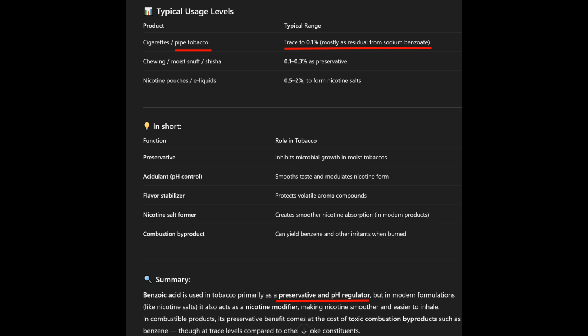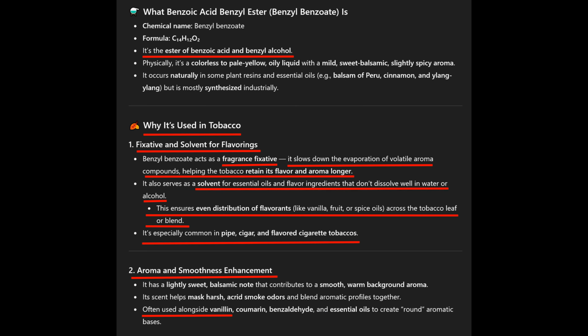If you want to see exactly the percentage of these additives, I recommend you go back to Mr. Janez's video that I will put in the description of this video, and there you will see the percentage of each additive added to the pipe tobaccos. And again it says that it is primarily a preservative and pH regulator. So this is what benzoic acid is.